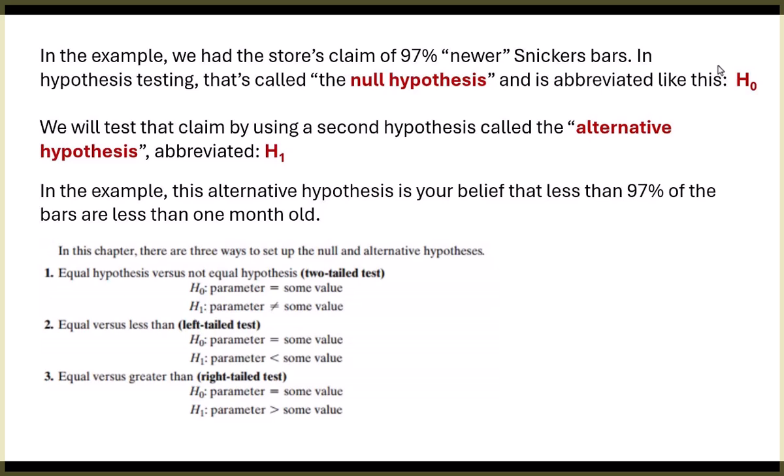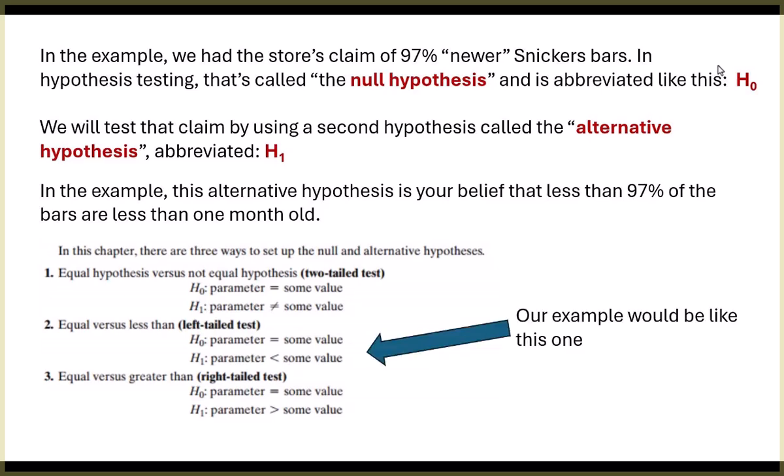Hey, drug manufacturer, you claim that this treatment that you've got will only kill 2 people out of 100,000. We think it's more than that. That might not be acceptable to us. And like this points out in your notes, in our little Snickers example, it's like the second one here.